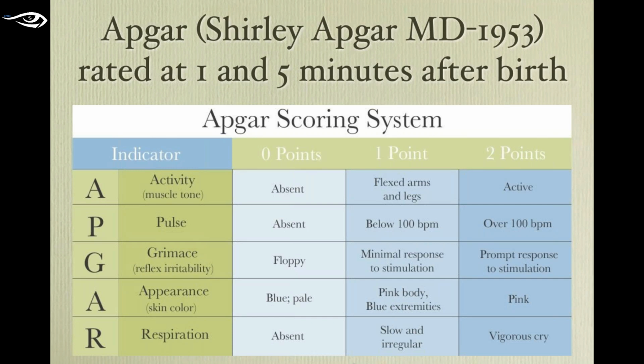She came up with this scoring system in the early 1950s. And it was rated typically at 1 and 5 minutes, and you can see the details on the screen. And again, it was presented a couple of weeks ago, but I just wanted to point out this was not the use of those letters to come up with the indicators. It actually was based upon the woman's name.